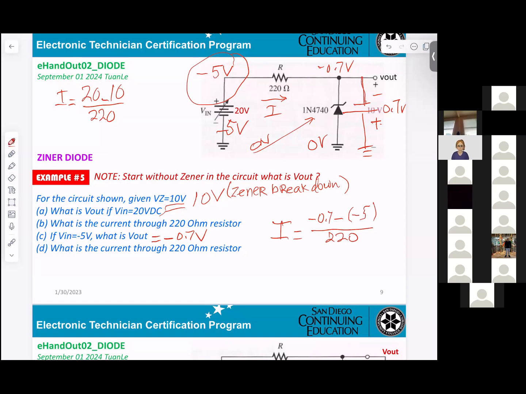That's how we calculate the current I. 0.2.